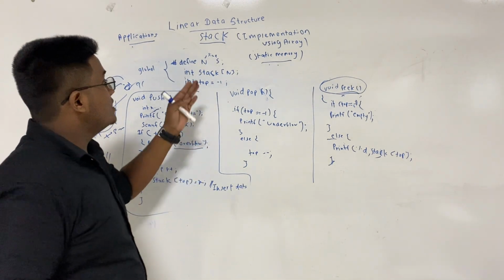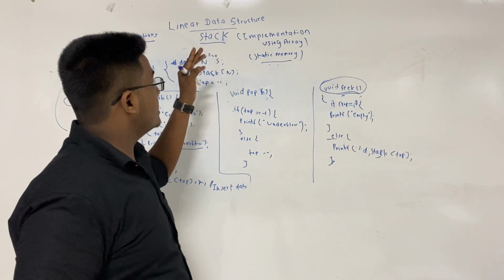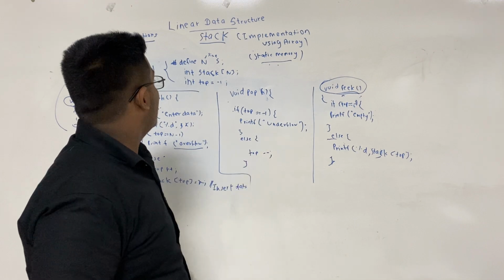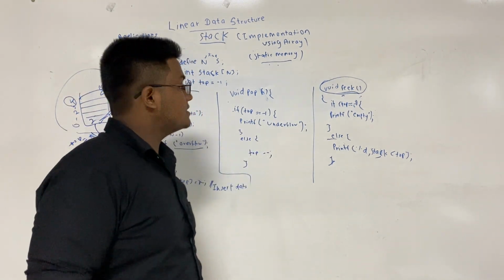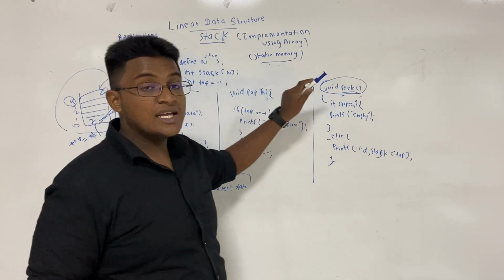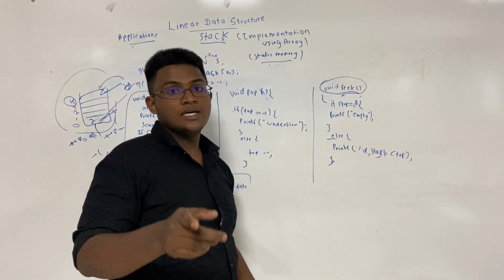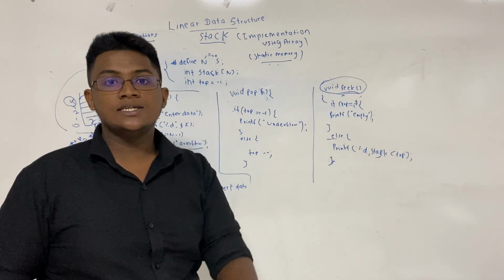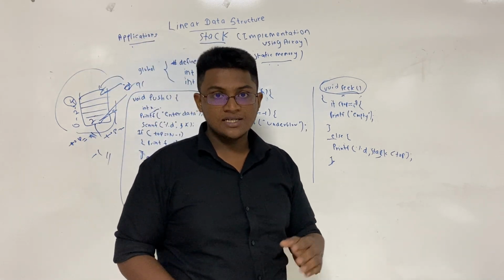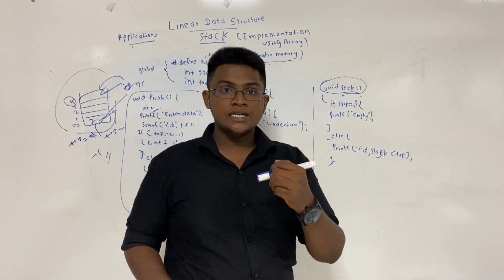Now we have used stack implementation using arrays, and there are the operations push, pop, peek, and previously I told you about the isEmpty and isFull operations. So I think you will get a better understanding of the stack.